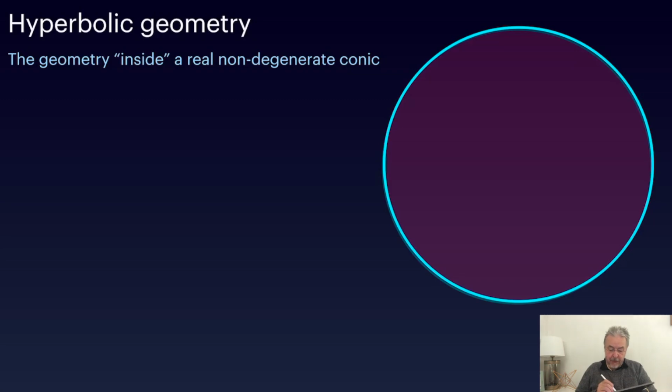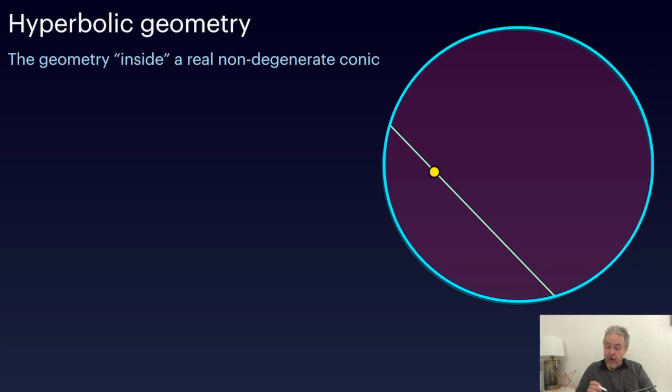And we want to focus on the specific situation that we only consider the part inside the fundamental conic, where inside is again defined as those points from which you cannot draw real tangents to the conic. So if you are at the outside, you can draw real tangents, but if you are at the inside, you cannot. And it's for several reasons very interesting to focus on the inside here.